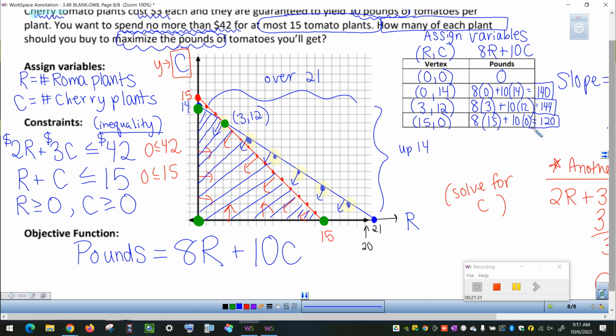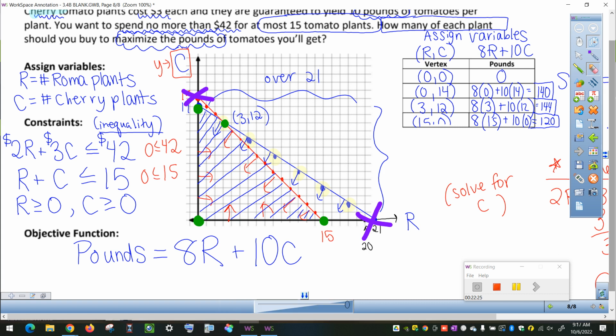It was a point that we needed to figure out where the line was going to be, but that's not actually going to go on our chart. So we need to know that we're just ignoring those other points. We're not just listing out every single point that we see. So I'm going to put some purple X's through those because we do not need to include them in our list of combinations.